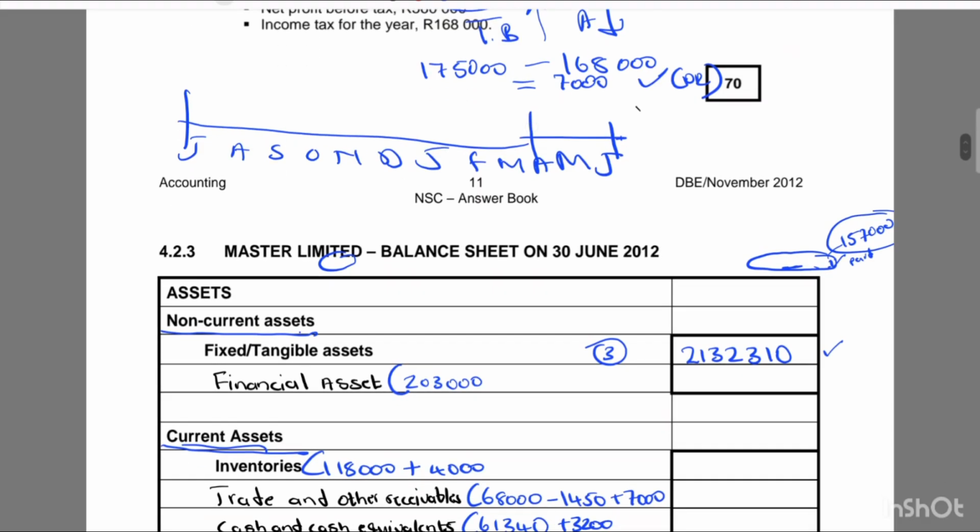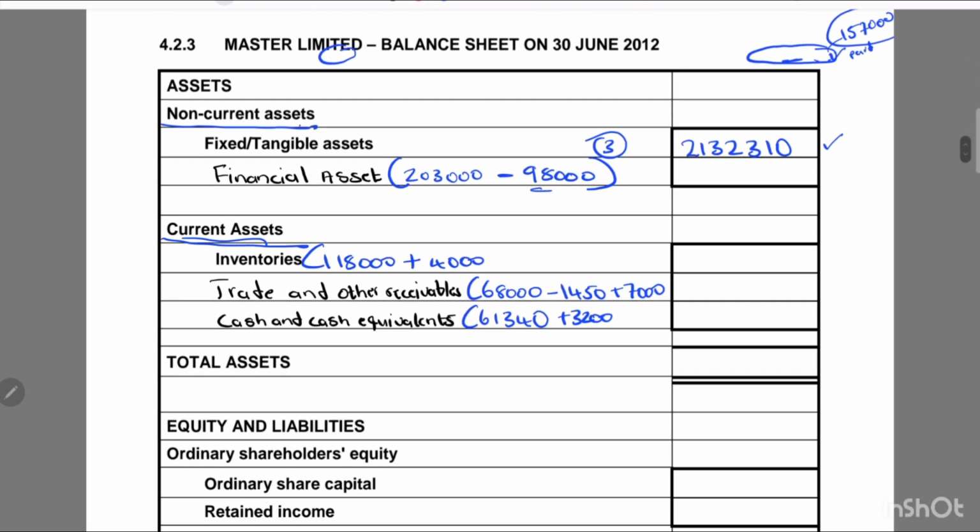Then you go now to your financial asset. You take out the 98,000. Immediately when you take it out here, you must go to your cash and cash equivalent and add it here. Why do we add it here, guys?